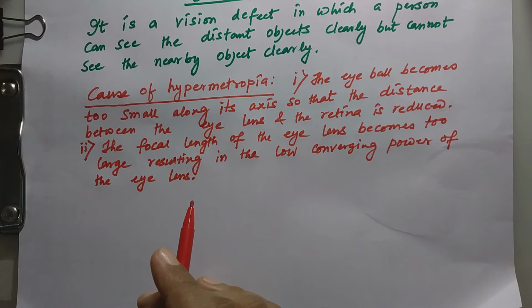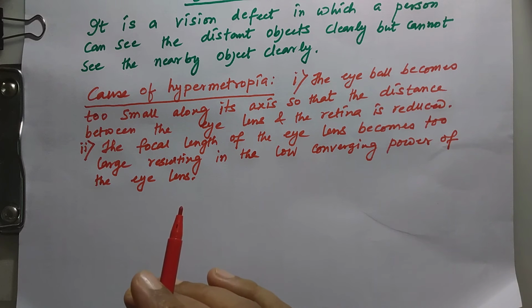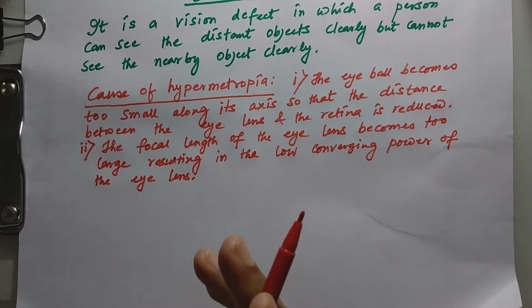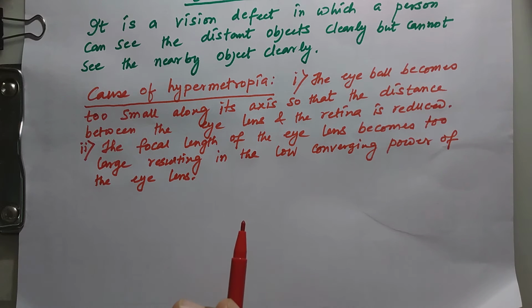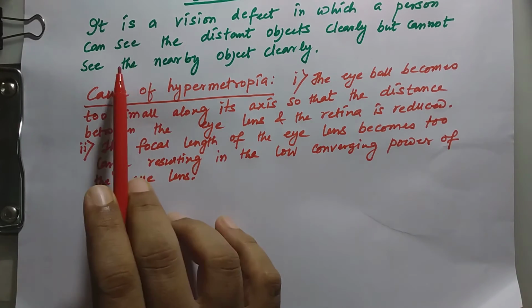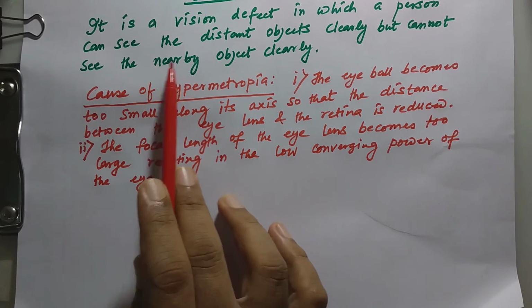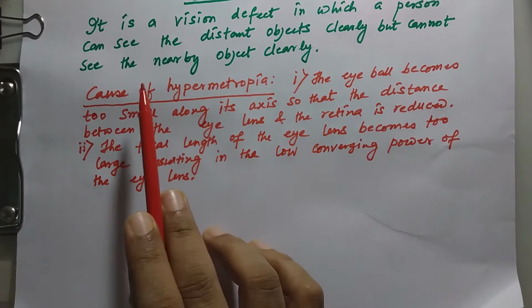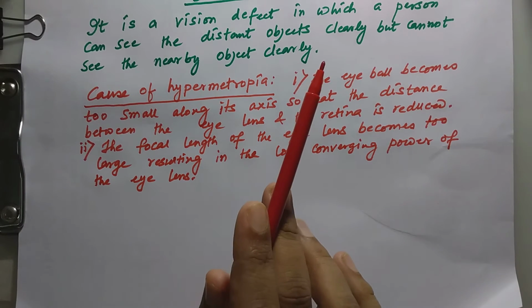So what is the normal near point? Near point I already told you, that is 25 centimeter. So what is the defect? In this defect, the person can see the distant object clearly but cannot see the nearby object clearly.